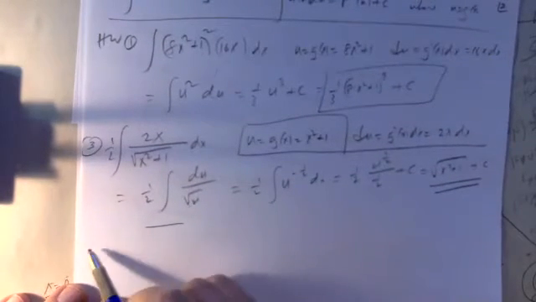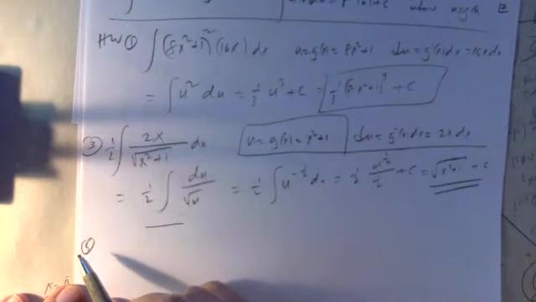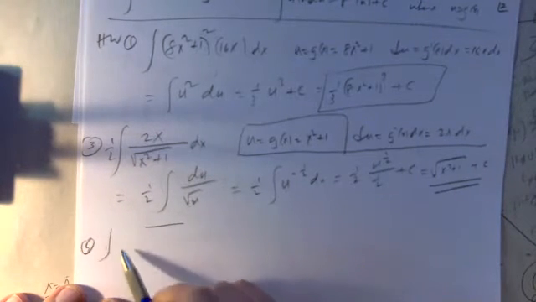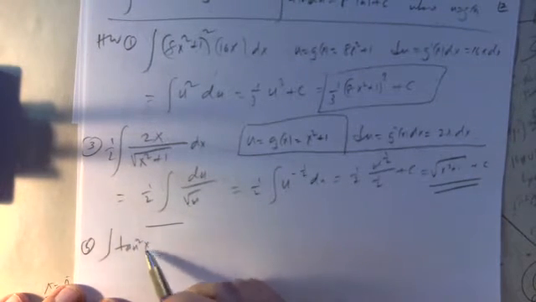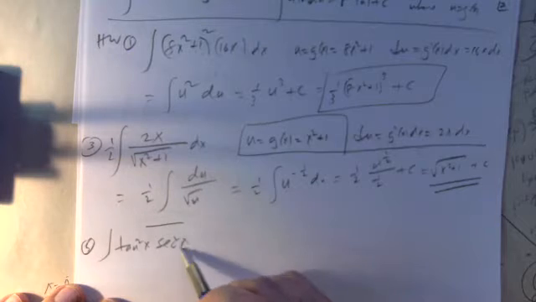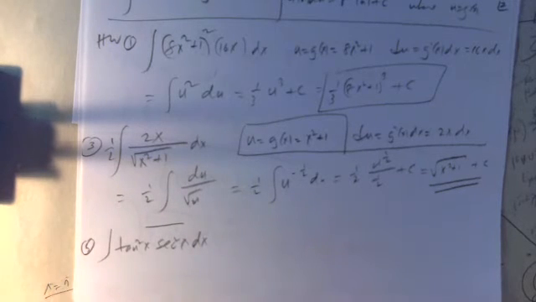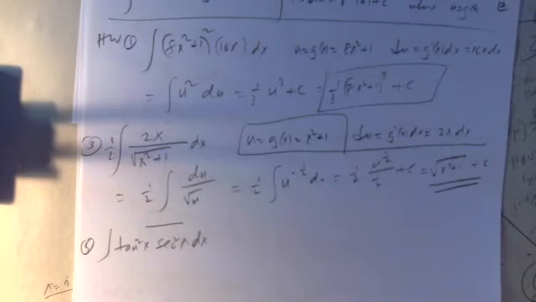Let's do one more from the homework, number 5. We have the integral of tangent squared x secant squared x dx. And how do we do that? That's the question. So, you always have to know things.